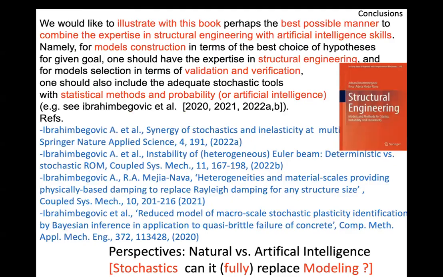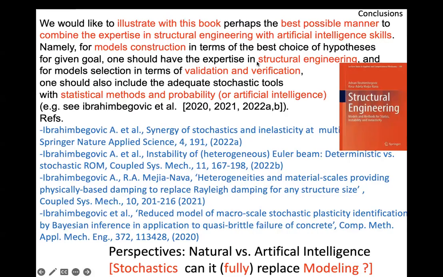So basically, what I said is the following is the conclusion. We would like to illustrate with this book, perhaps in the best possible manner, how to combine the expertise in structural engineering with artificial intelligence skills, namely the model construction in terms of the best choice of hypothesis for a given goal.